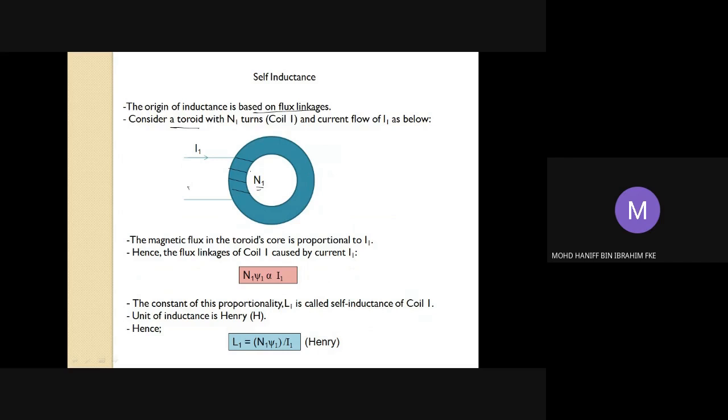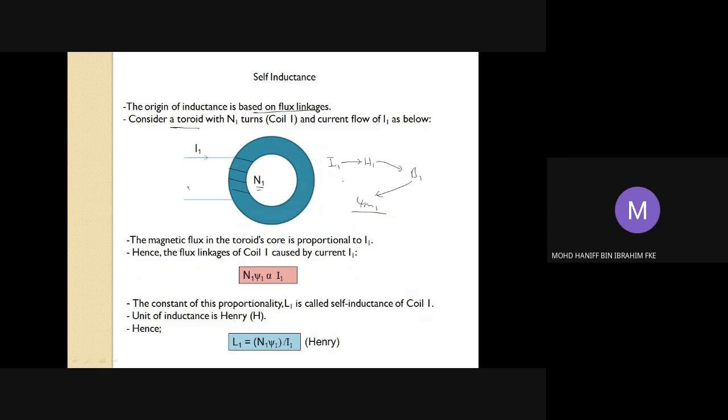N1 is the number of turns at one side of the toroid, and I1 is the current flowing in these conductors. And the magnetic flux for the toroid is proportional to I. I have mentioned just now that I1 will produce H1, which will produce B1, and from B1 we're going to have the magnetic flux, in this case psi m of 1.